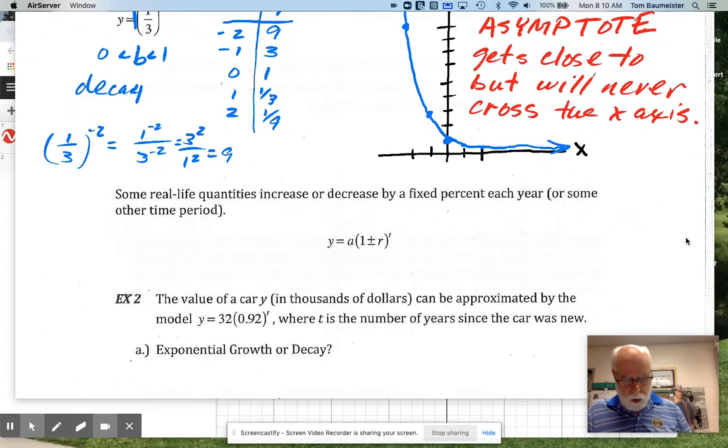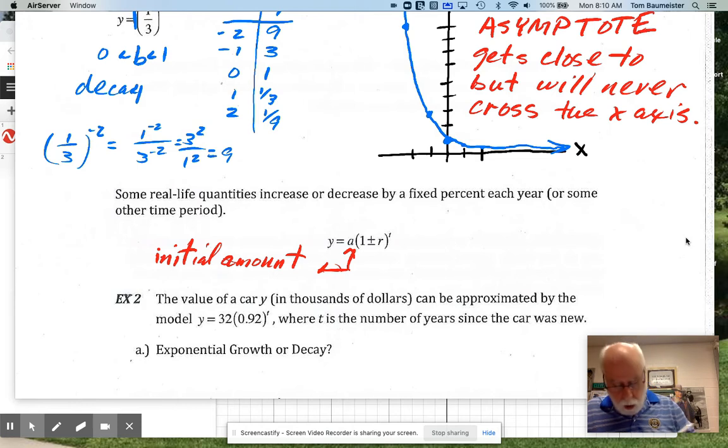So now some real life quantities increase or decrease by a fixed percent each year or at some other time period. The way that we see that is y is equal to a, which is our initial amount, times 1 plus or minus r raised to the t power.